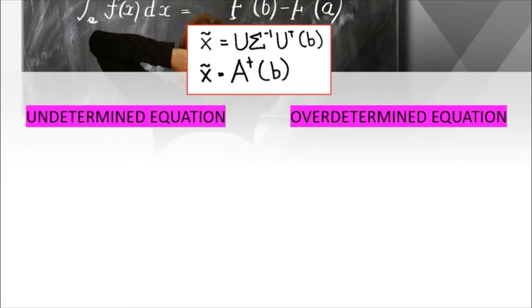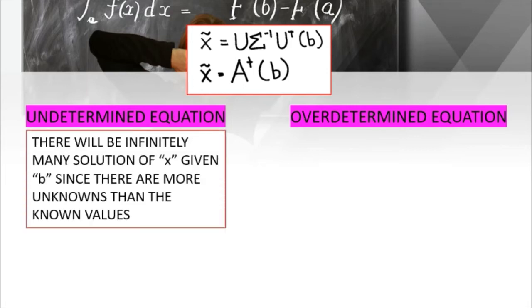In the case of an underdetermined equation, where we have infinitely many solutions, this X tilde has the minimum two norm.